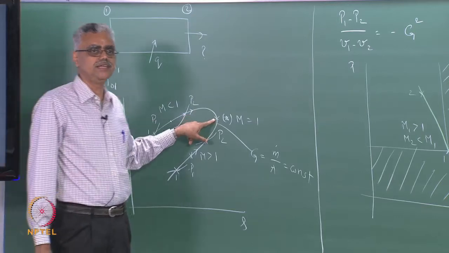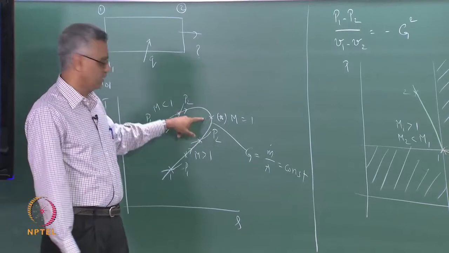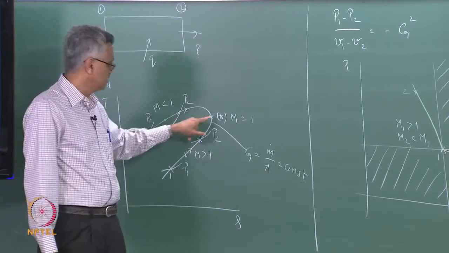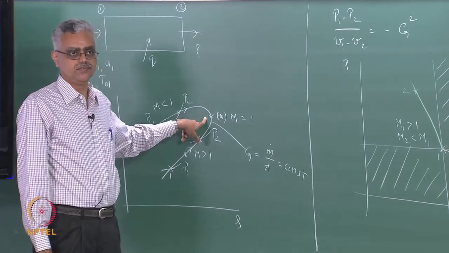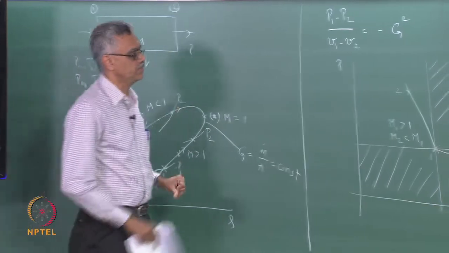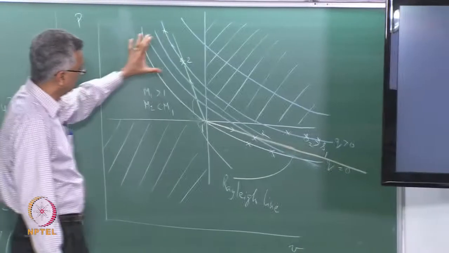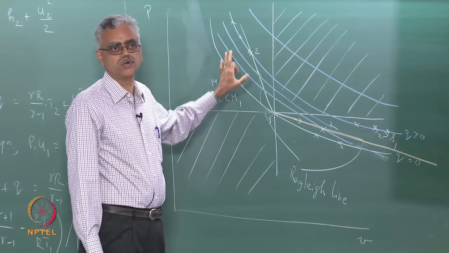We had dT/ds for the Rayleigh curve, and we said that as M goes to 1, on the subsonic side dT/ds goes to minus infinity. So this tells me that this is a state where M is indeed equal to 1 and the slope is becoming minus infinity. We did the same thing for the supersonic branch also. Now here I need to see where the sonic state is going to lie when I draw these types of lines. Where will the sonic state be?